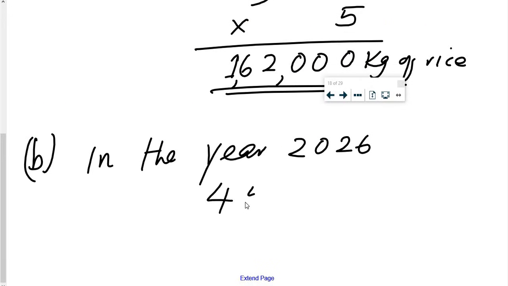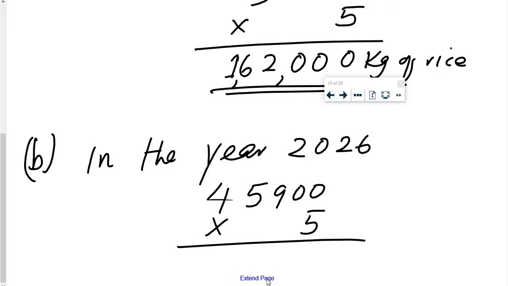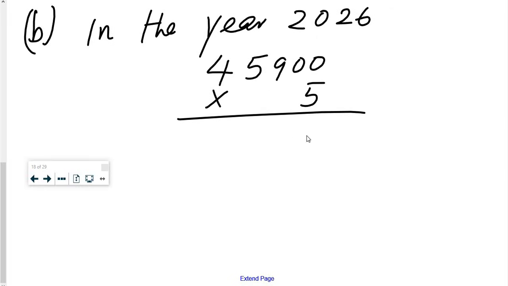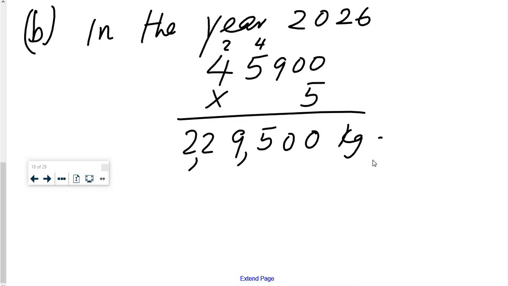So you do 45900 again into 5, and then you multiply that. 0, 0, 45, carry 4, 25, 29, carry 2, 20, 22. Answer will be 229,500 kg of rice.